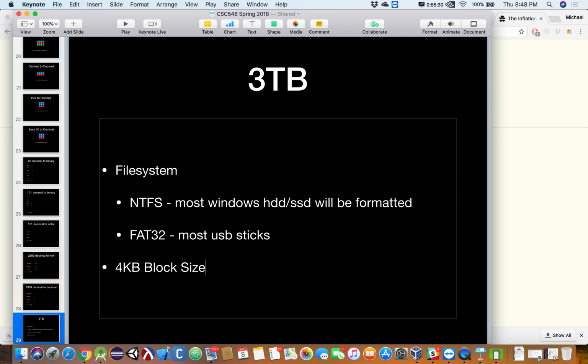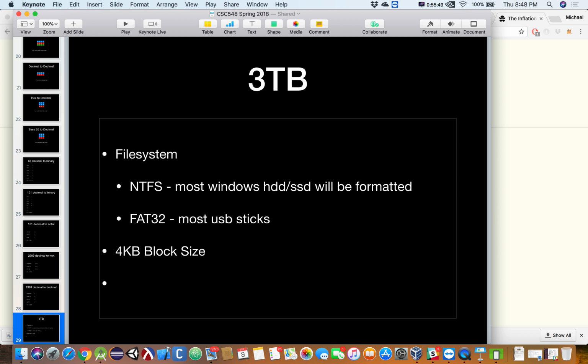We'll just operate off kilobytes here for a second. So we're going to have a 4 kilobyte block size. If we think about it with that street example, we have a big long street and every single house is 4 kilobytes. We want to know how many of those blocks, how many of those houses exist in 3 terabytes.